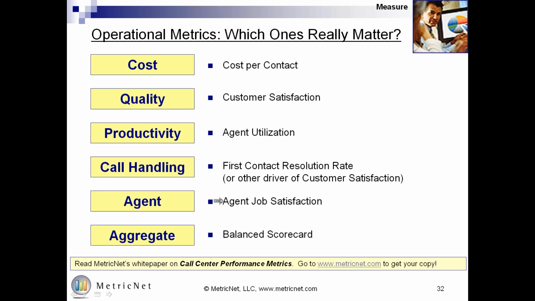High levels of agent job satisfaction are positively correlated with high levels of customer satisfaction. They're also correlated with lower costs, believe it or not. It's also correlated positively with lower absenteeism and lower turnover. So inverse relationship there. The higher the agent satisfaction goes, the lower the turnover, the lower the absenteeism. So agent job satisfaction is a bellwether metric.